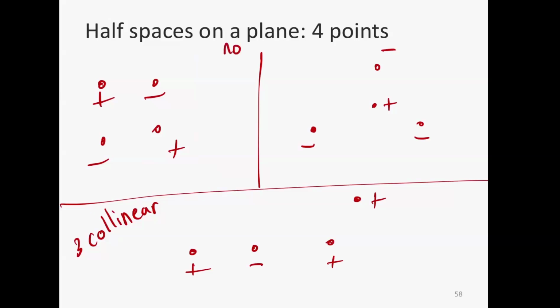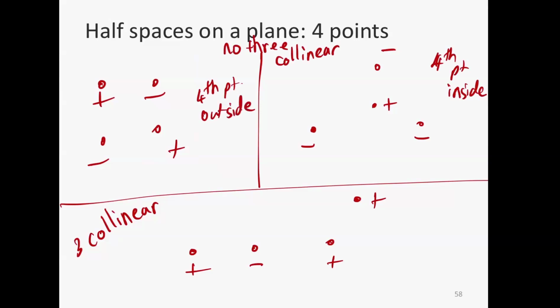If the 4th point is inside the triangle, you make the inside point a different label. If the 4th point is outside the triangle, you get the XOR case. And this is pretty much the only way in which you can have 4 points on a plane.